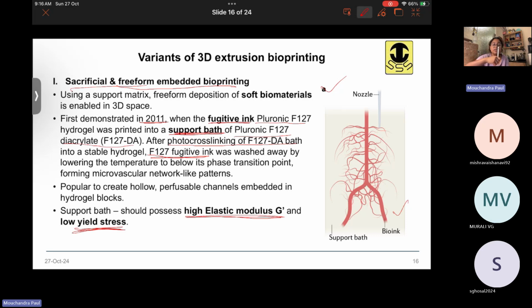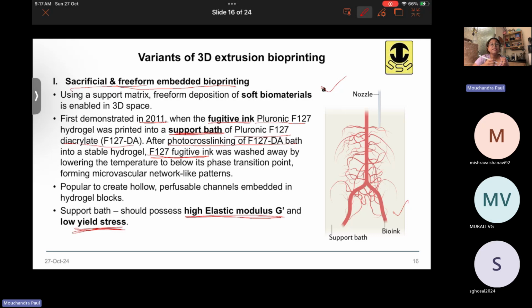It will face a barrier in movement inside the 3D matrix. So in order to facilitate smooth translation of the nozzle inside the 3D space, it should have low yield stress. So these are the two mechanical characteristics the support bath should possess in order to do free form, meaning anywhere in 3D space, 3D printing of the fugitive ink.